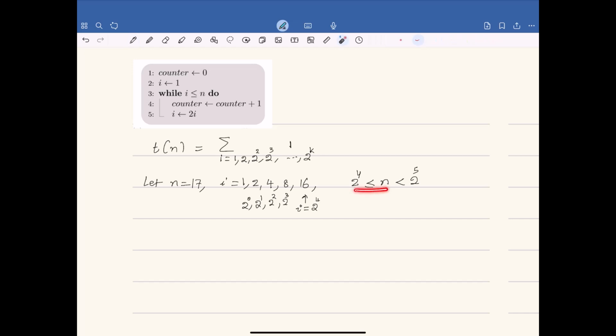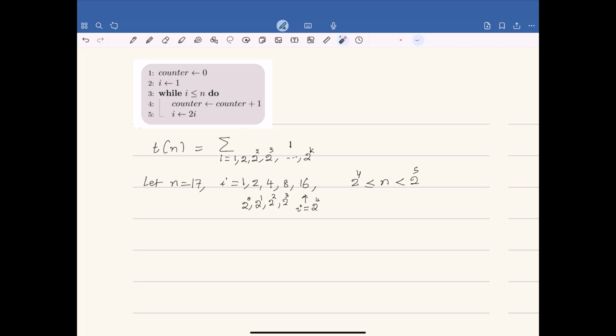Now this part of the inequality represents the test of the condition that is true in the last iteration. And this part of the inequality represents the condition when it becomes false after the last iteration. Therefore, n is bounded between two numbers, 2 to the power 4 and 2 to the power of 5.